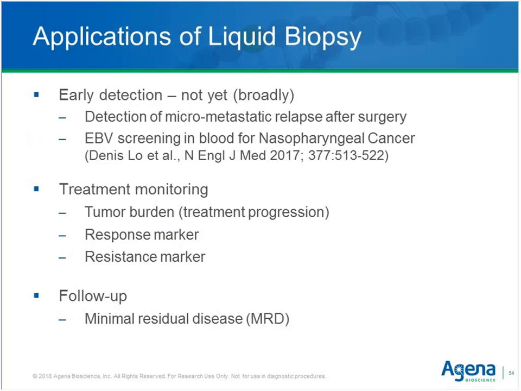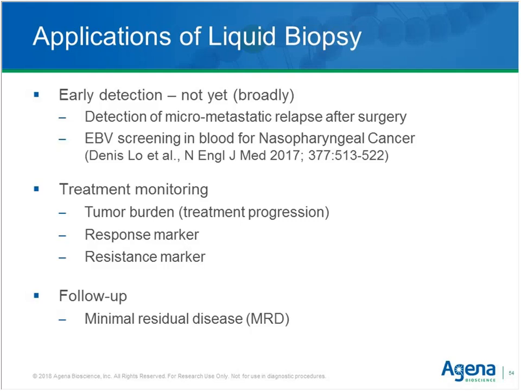So with this, I just want to give a brief overview about where liquid biopsy can be applied today and maybe not yet today. If we think about early detection, this may still be a little early, as detecting any cancer would require an enormous panel.